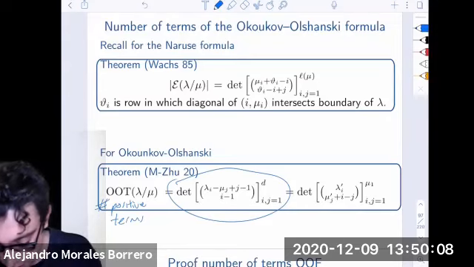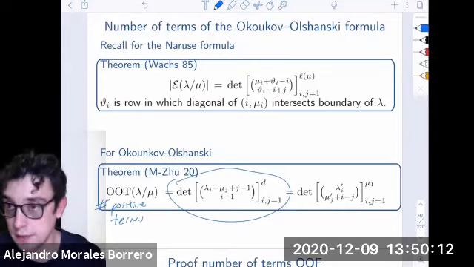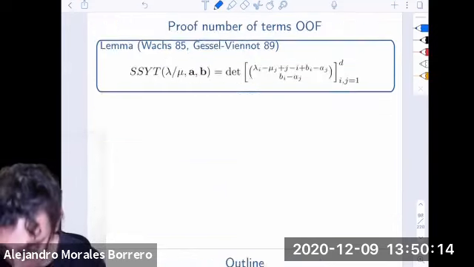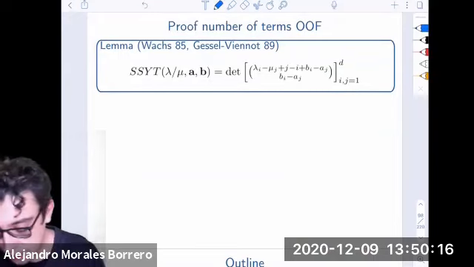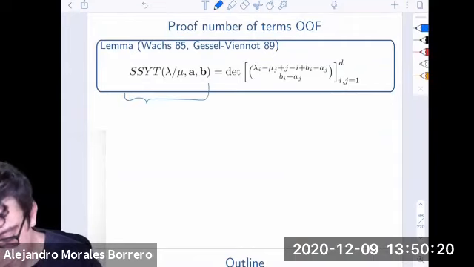So very similar to Sui Hong's question, very similar to excited diagrams. The proof comes from the same place actually, and it's just that there's a determinant formula to count flag tableaux. So this is the number of flag tableaux.